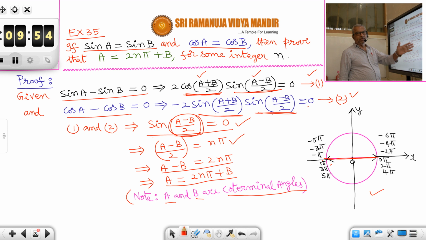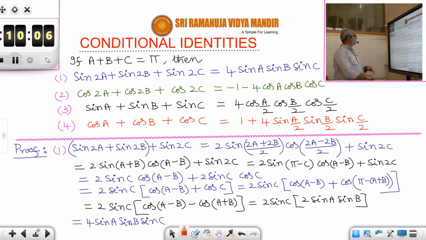Okay, let us see the next question. Next, let us start conditional identities. I have told you already about conditional identities. Identity means the properties which are true for all values of the variables. But here conditional means some properties will be true only when certain conditions are satisfied.